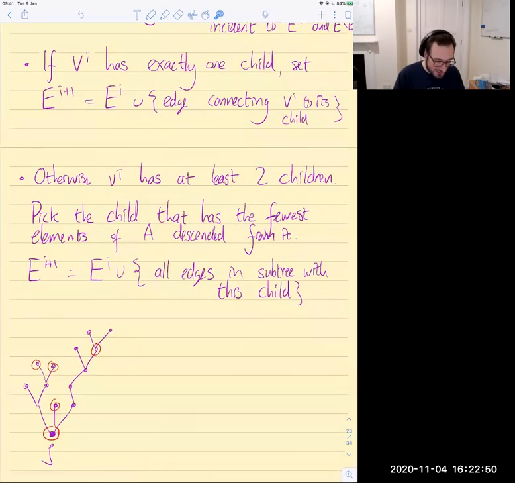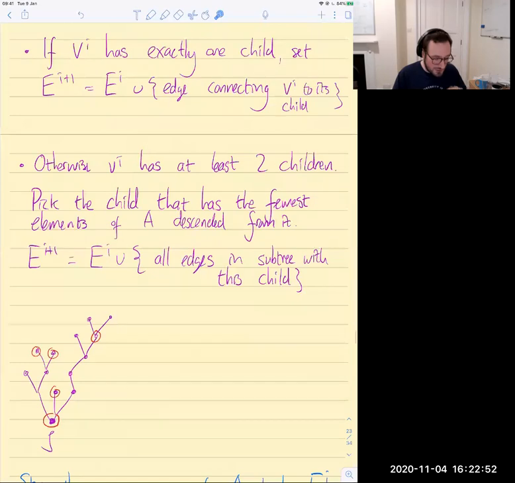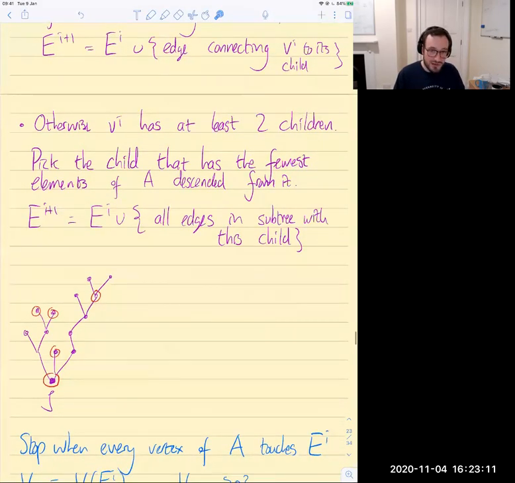So I pick the child that has the fewest elements of A descended from it in total. Any vertex up the tree from that vertex is a descendant, and I want to pick the one with the fewest total descendants belonging to the set A. There could be a tie, I don't care, I just pick one of them. That's how I construct this sequence.